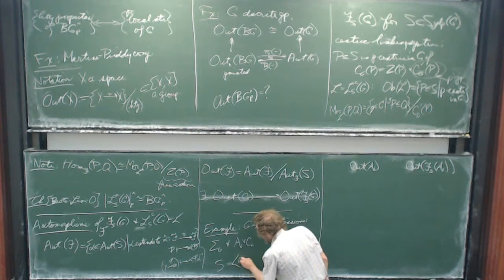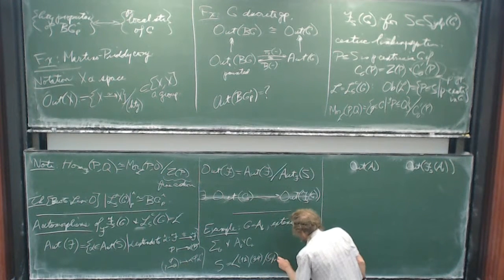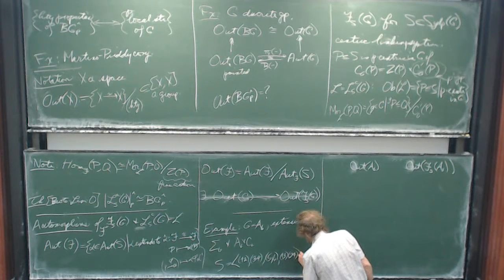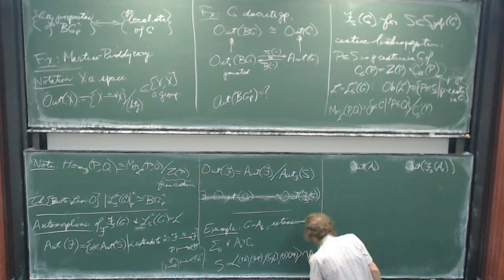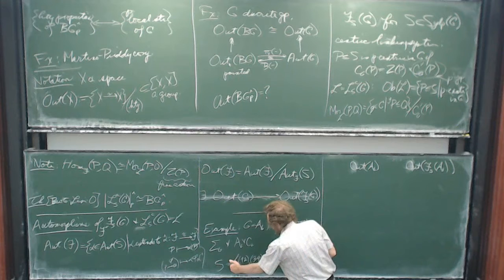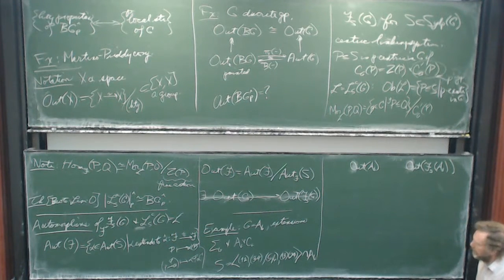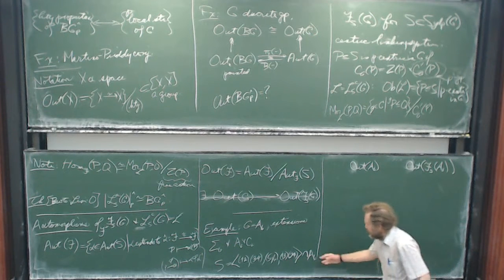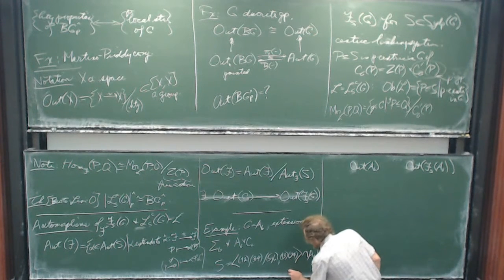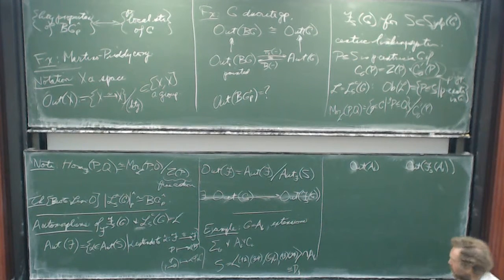I'll write it this way: generated by (1 2 3)(4 5 6) and (1 3 2 4), intersected with A6. So what I've got in here is a Sylow 2-subgroup of S6, of the symmetric group, and then I'm intersecting with A6. And so that's easily seen to be dihedral of order 8.